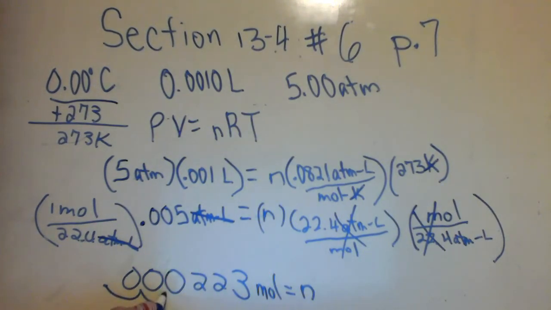We'll move the decimal 1, 2, 3, 4 places. It becomes 2.23 times 10 to the -4 when we move the decimal place to the right, 1, 2, 3, 4 places. 2.23 times 10 to the -4 moles.